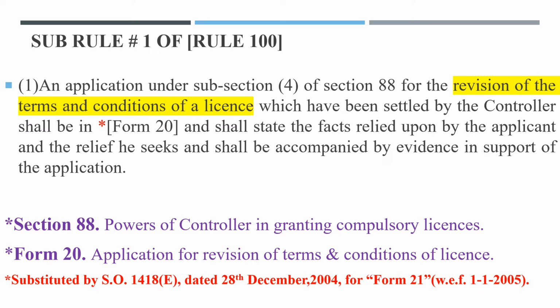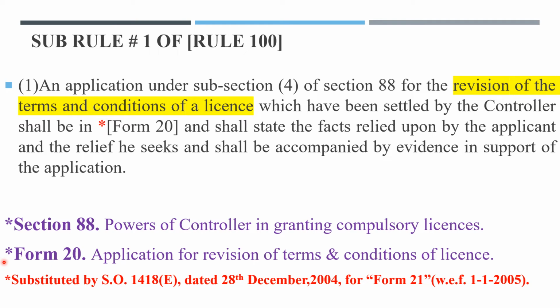Fine. So here friends, the key phrase is revision of the terms and conditions of a license. The relevant section is section 88 whose title is powers of controller in granting compulsory licenses, and the title for form number 20 is application for revision of terms and conditions of license. And here you can see the single star mark friends.